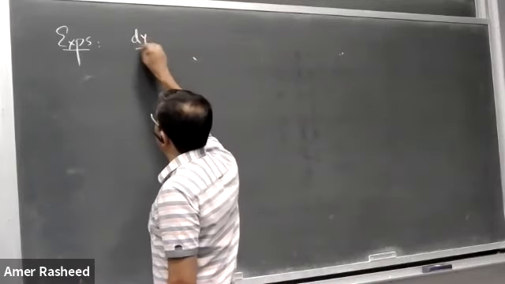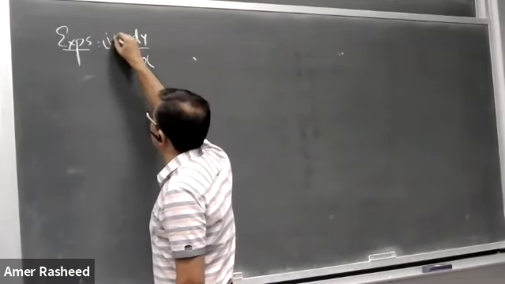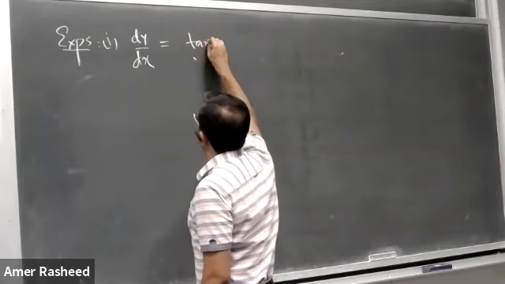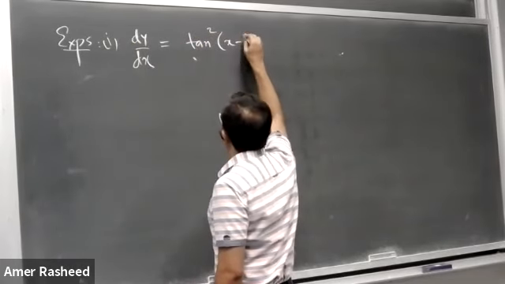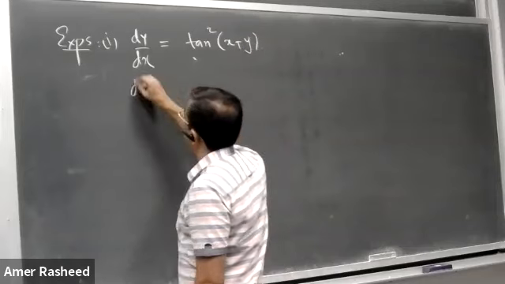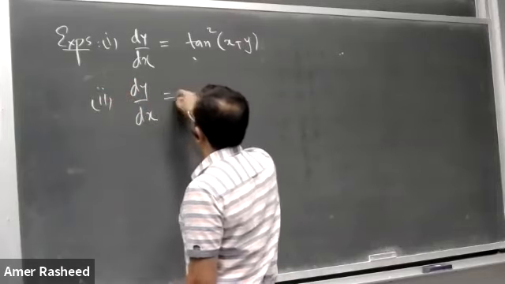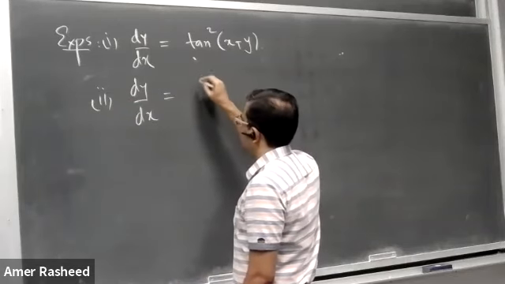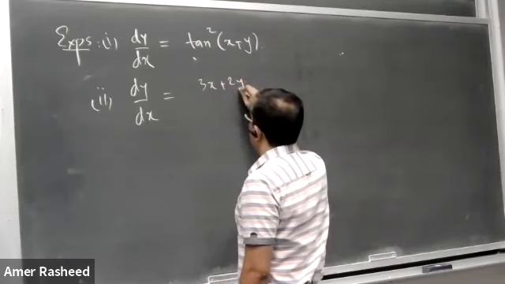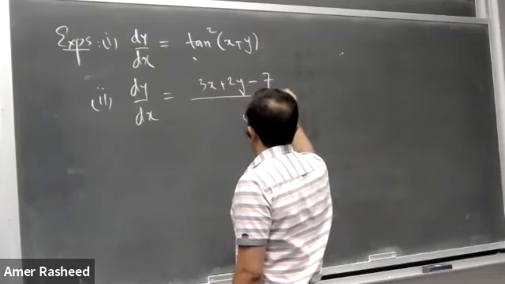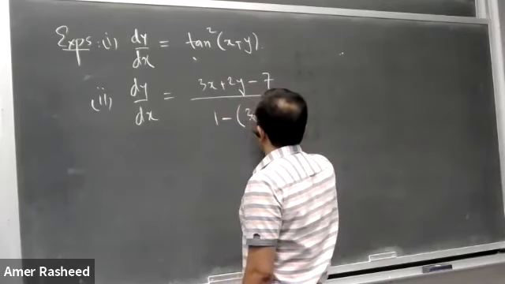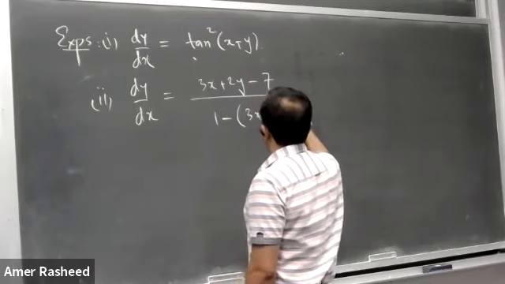You can try to solve this: dy by dx is equal to tangent square of (x plus y) maybe. And dy by dx is equal to maybe (3x plus 2y minus 7) divided by (1 minus 3x plus 2y) whole square.